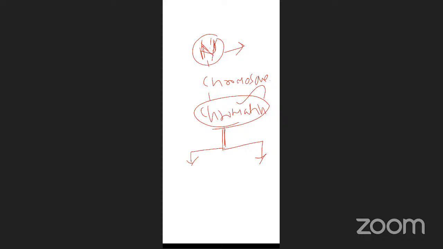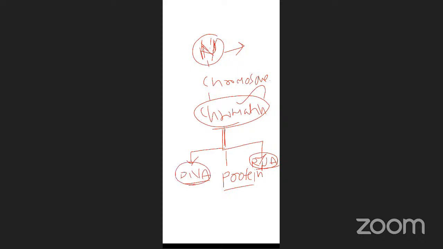Chemically, chromatin is made up of mainly 3 different chemical compounds. One is DNA, second is proteins, third is RNA. DNA, protein, RNA, right? We want DNA only.